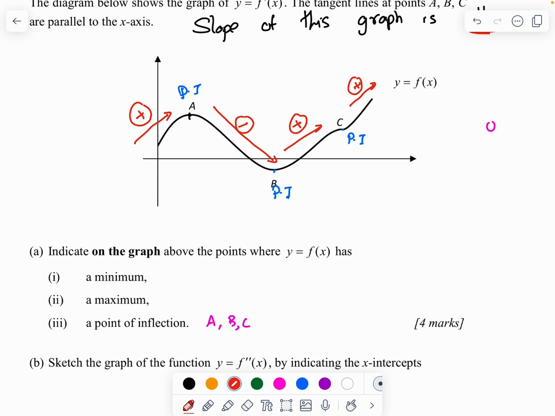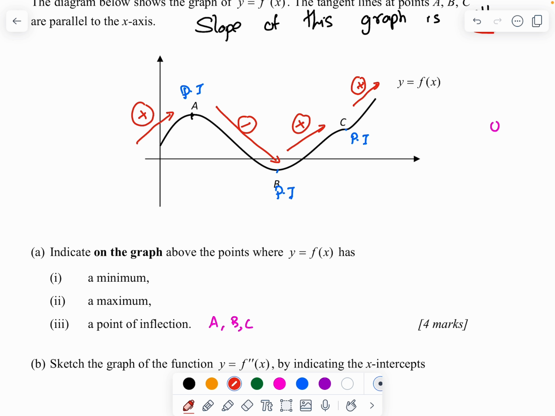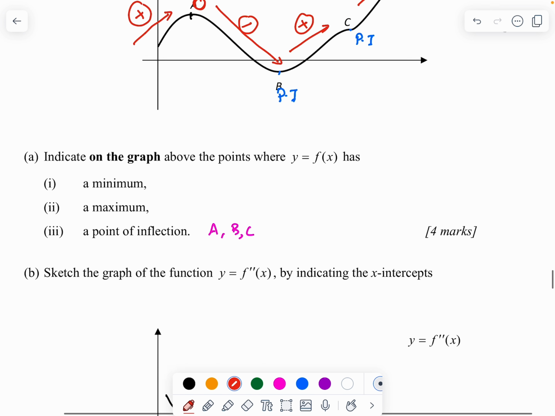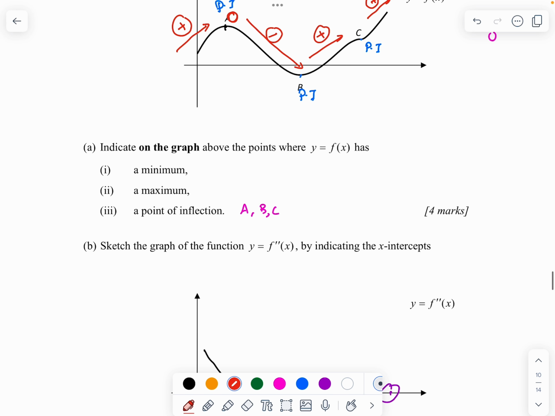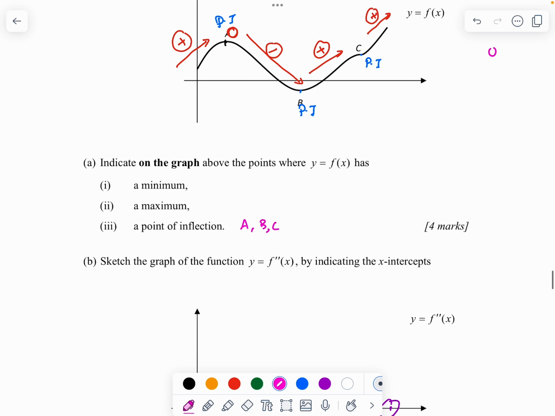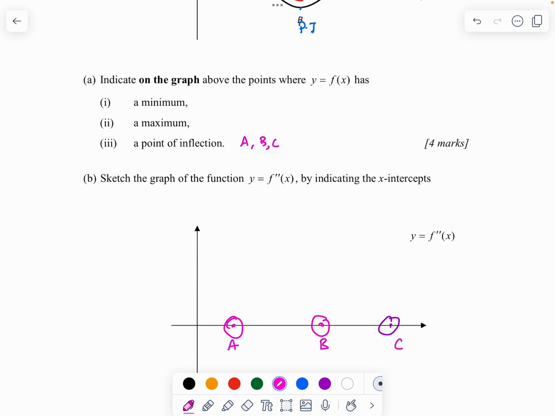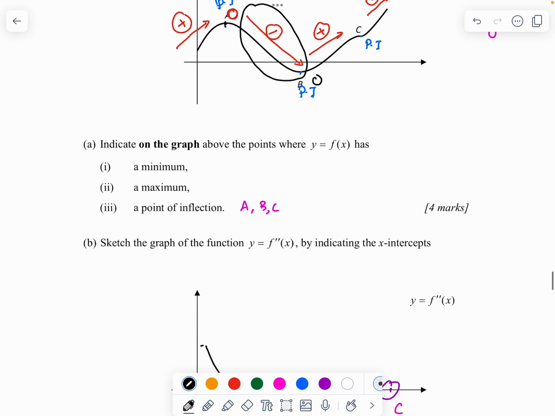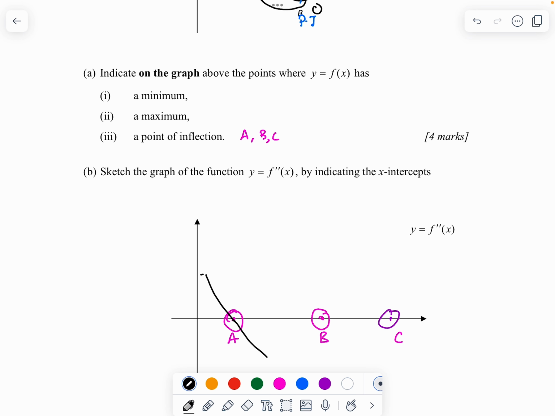Now we have to plot that. We know the points of inflection, so we plot the second derivative. These correspond to A, B, C. The slope is positive and becomes 0 at A. From A to the next point of inflection, it decreases, is negative, and again becomes 0.